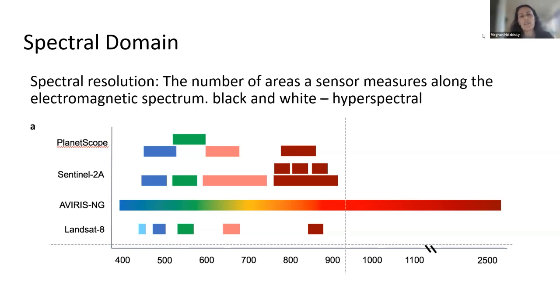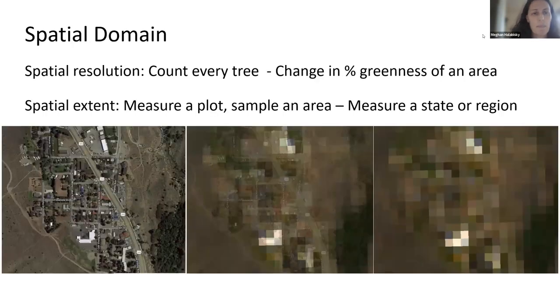And so the more resolution we have, the more we can differentiate between things on the ground, like plant species or different features. So it's important to have enough spectral resolution.